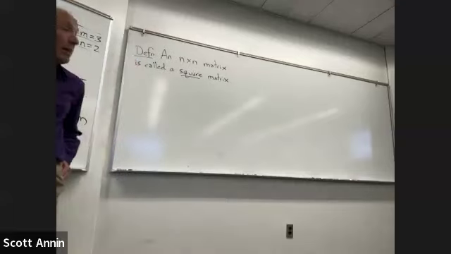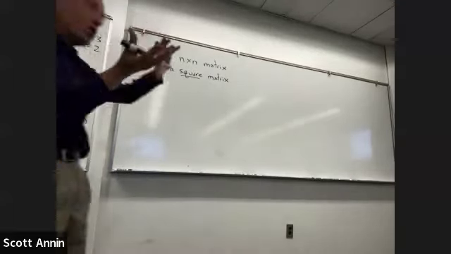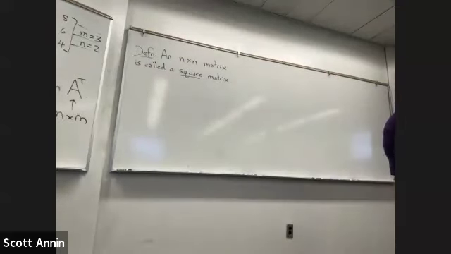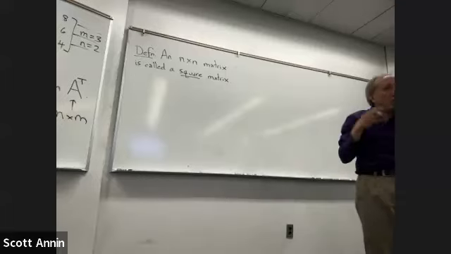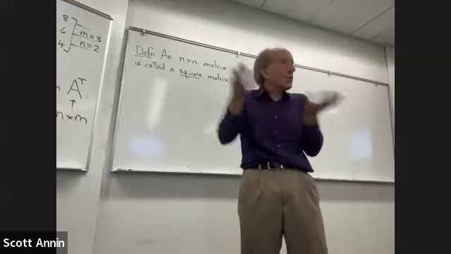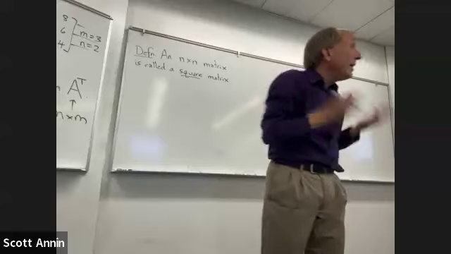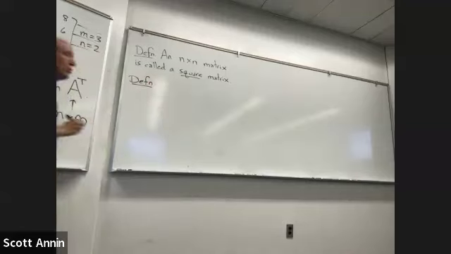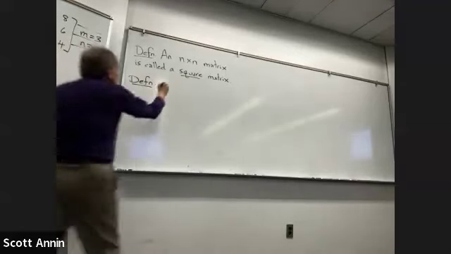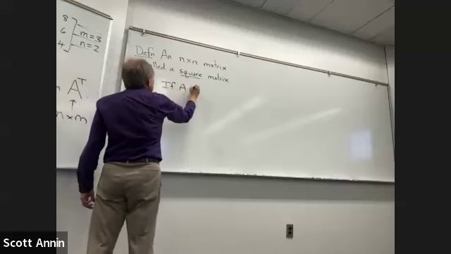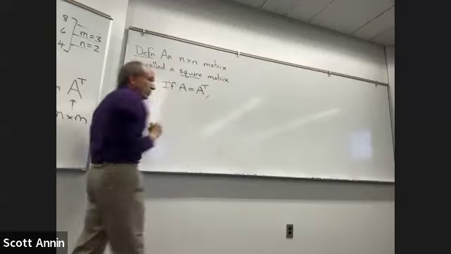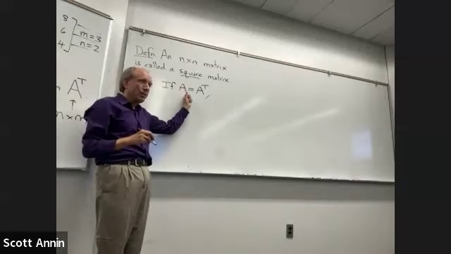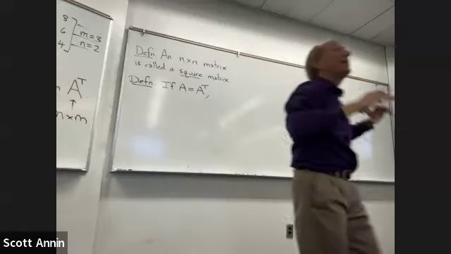And if I had a square matrix in front of me, then when I transpose that matrix, the size of the matrix at least would stay the same. And so you'd have a chance that maybe the transpose of A could be equal to A. That is actually possible. I'm going to give you another definition here to elaborate on that point. So if A is equal to A transpose, again, this can't happen unless we have a square matrix to begin with, right?